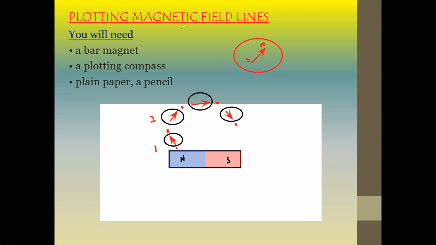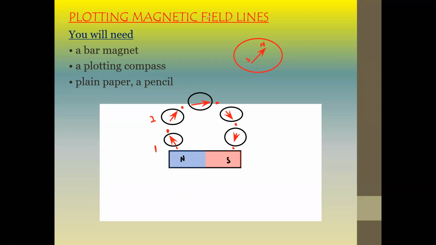And we will again move the compass until the needle points the same as the last point which we marked. So we'll mark another point. So you can see we mark different points.